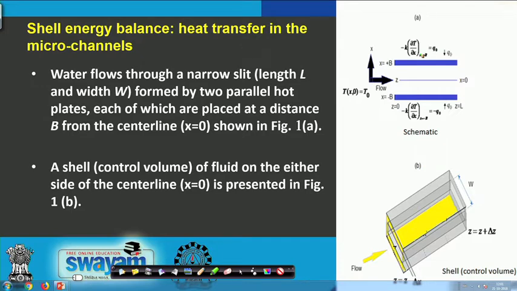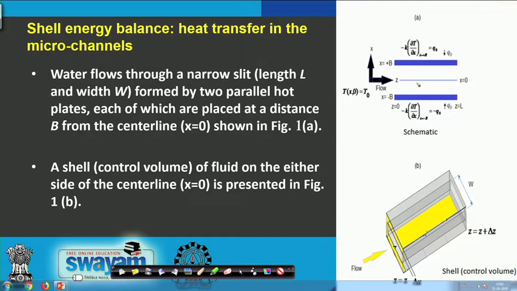Now, the space between these hot plates is called the micro channel. Fluid is flowing through this channel and getting heated, and we are trying to find the temperature profile T(x, z), where x is the transverse direction and z is the axial direction.